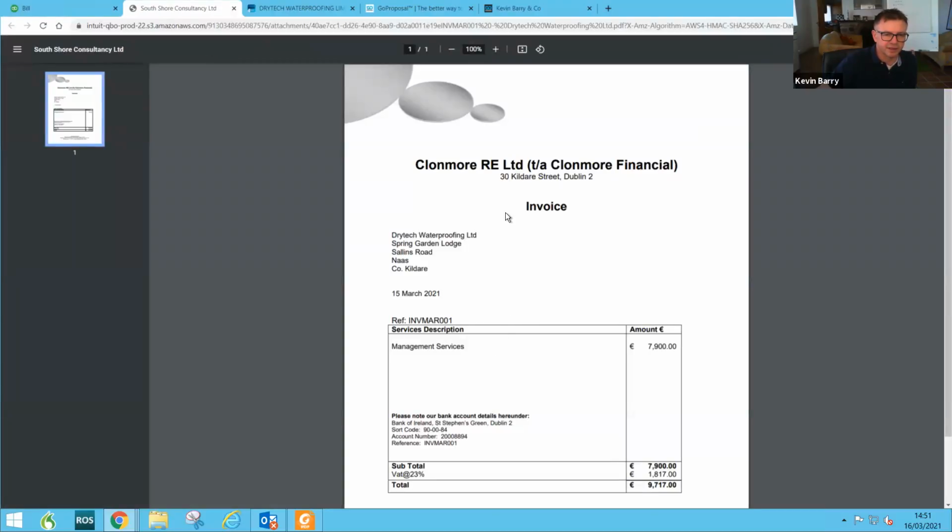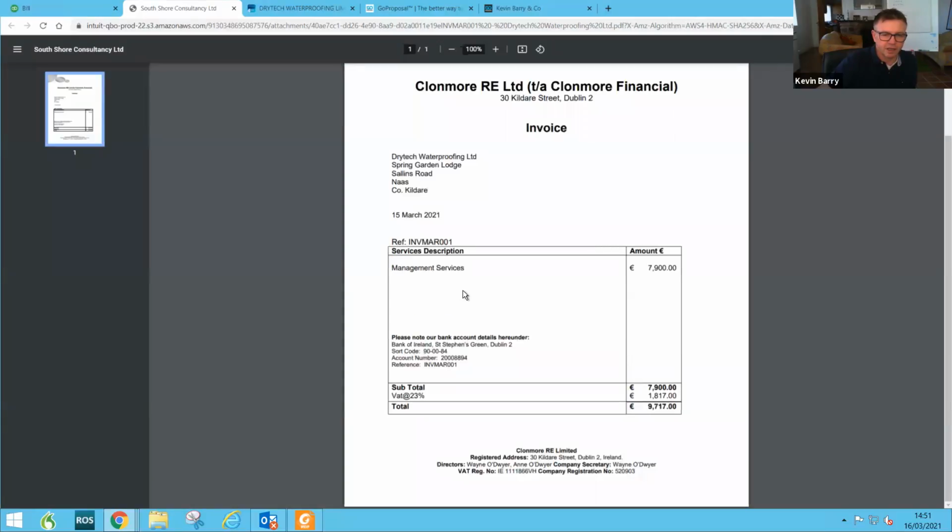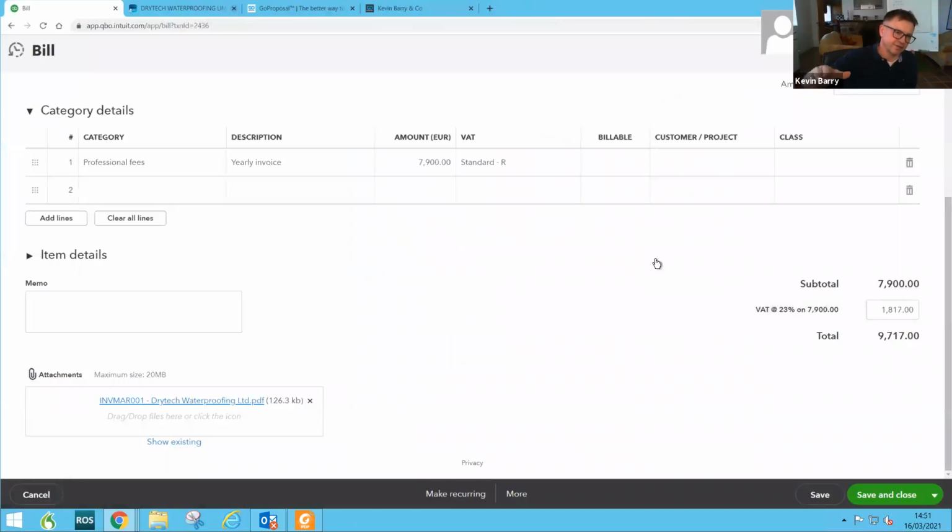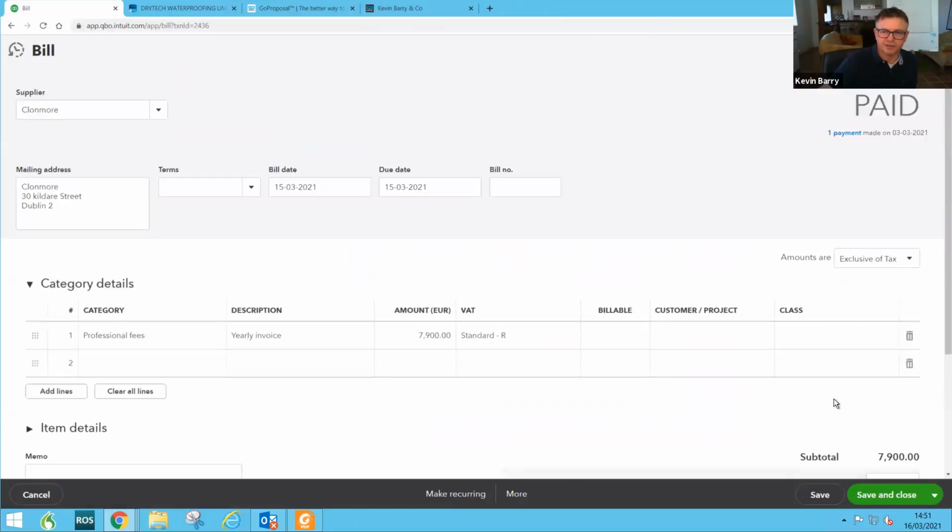Yeah, so that's something from them to you for management services. The bill is right there, and that's exactly the way you want it. So with Receipt Bank, we'd have these people email the different services. It programs all the items here, yearly invoice, standard rate, all that. It puts it all in.